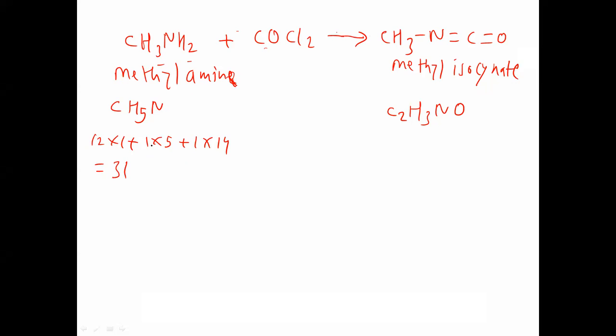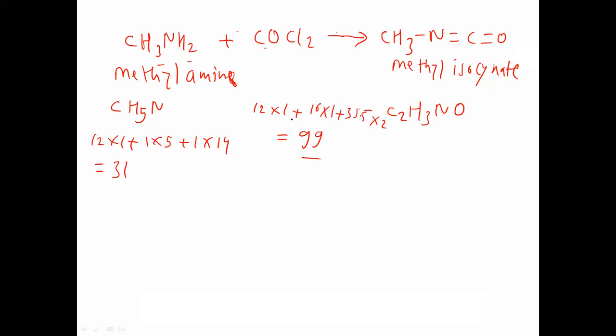So this is the methylamine molecular weight. Phosgene: we have one carbon atom, 12, plus 16 for one oxygen atom, plus 2 chlorines, 35.5 into 2. Altogether it becomes 99.